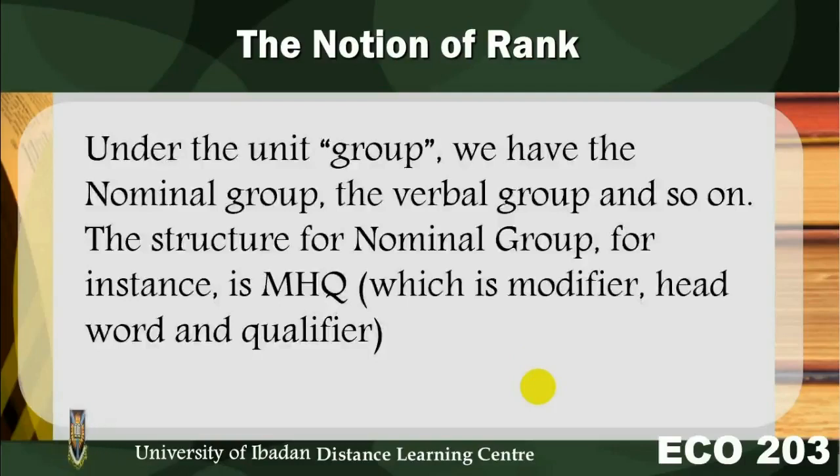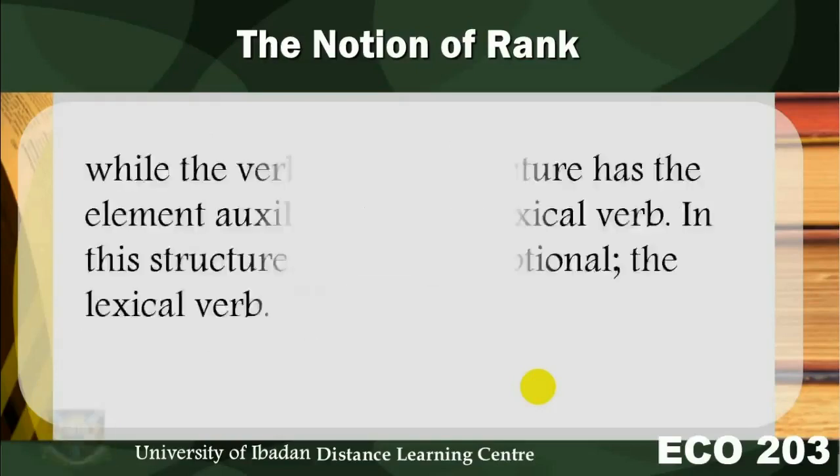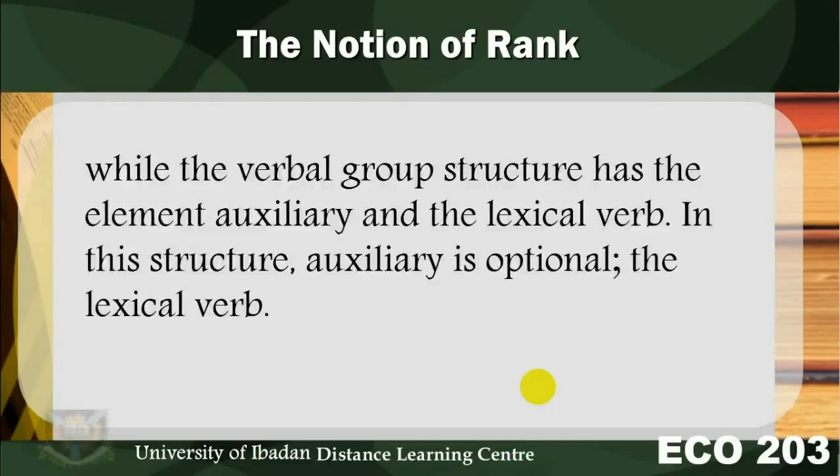The structure for nominal group, for instance, is MHQ, which is modifier, head word, and qualifier, while the verbal group structure has the element auxiliary and lexical verb. In this structure, auxiliary is optional.